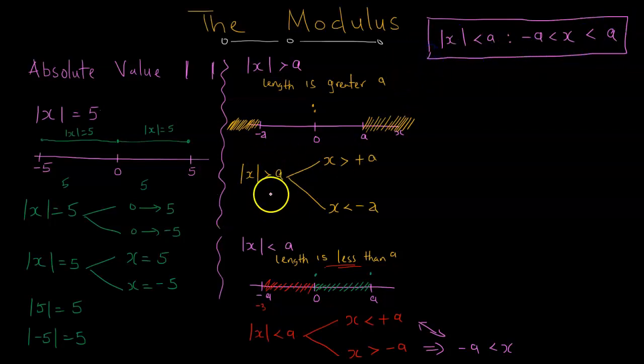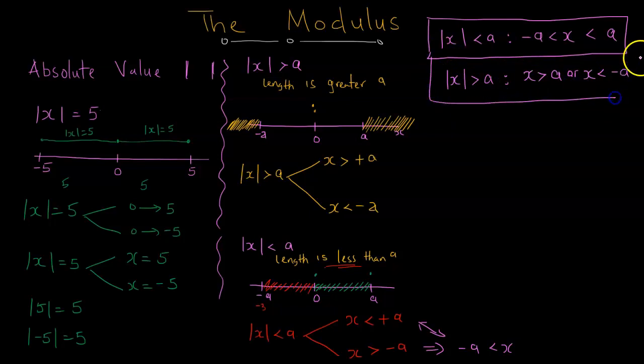And of course, as we found earlier, the absolute value of x greater than A can be defined as x greater than positive A, or x less than negative A. It's an or here. So this is the definition of the absolute value of x greater than A. We can just adopt these two definitions for greater than or equal to or less than or equal to.